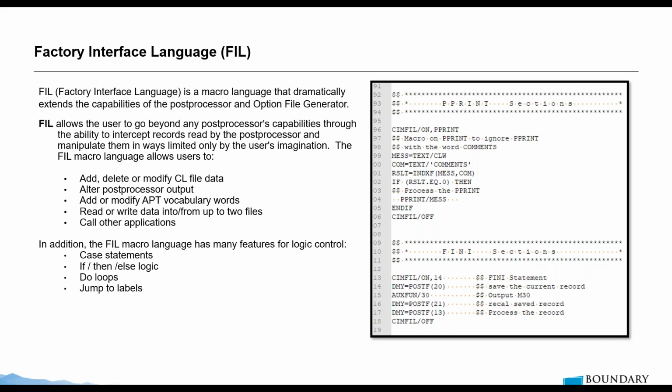You can manipulate every bit and piece of the machine. We can add things. We can create case statements, like if-then-else logic. We can do loops and labels. We can even start other applications. It's just taking everything to a new level.